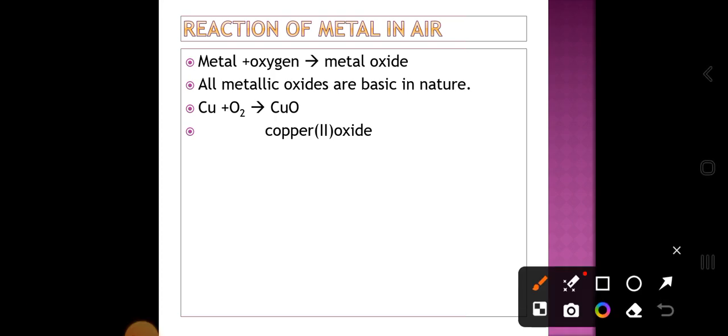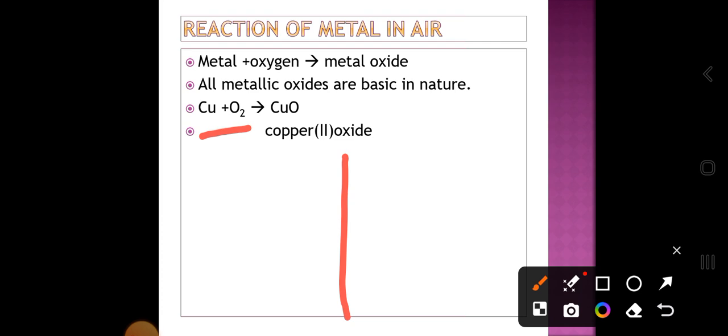Copper reacts with oxygen to give rise to copper oxide. Here, students, we should know that it's totally an oxidation reaction because copper is a pure metal. It's reddish brown in color, and once it reacts with oxygen, copper is undergoing oxidation.